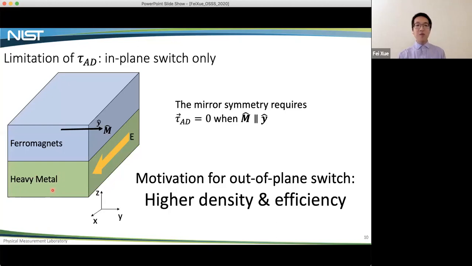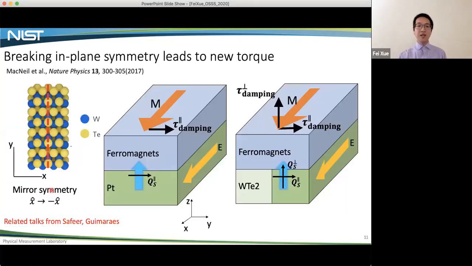So there's a simpler way to break this mirror symmetry, which is to find a new heavy metal or substrate with lower symmetry. That's exactly what this experiment from the Cornell group has shown. Instead of using a large heavy metal such as platinum as the spin Hall effect generator, they look at new two-dimensional materials, 1T prime tungsten ditelluride, in their experiment.